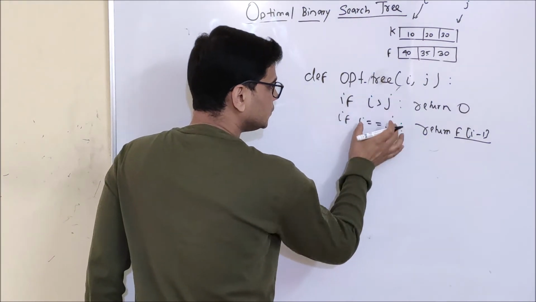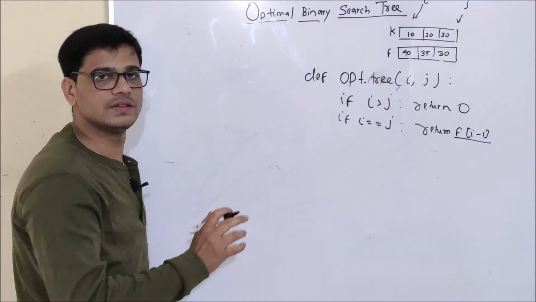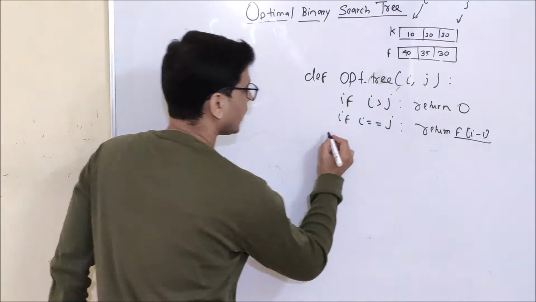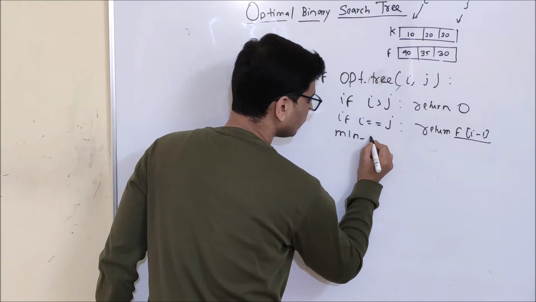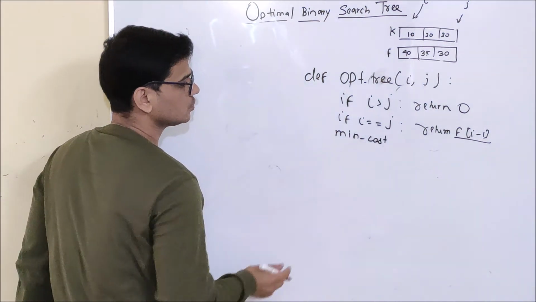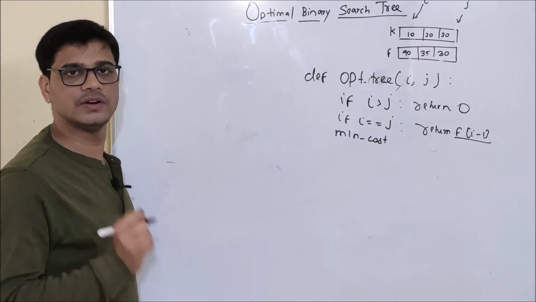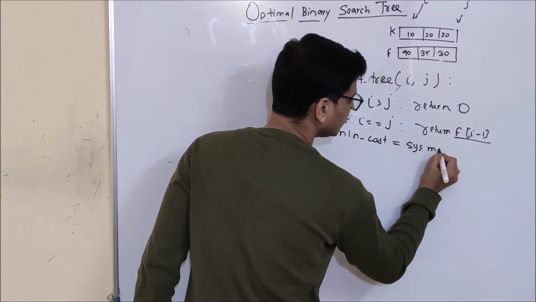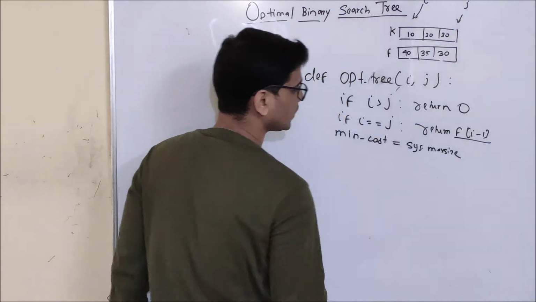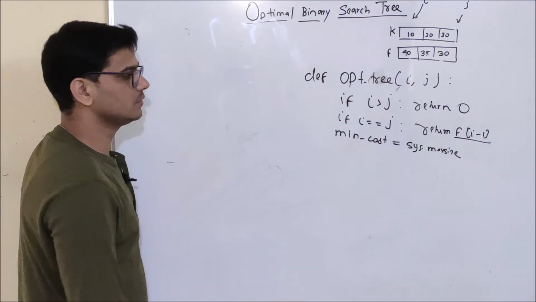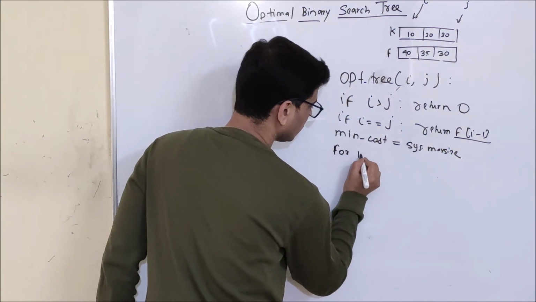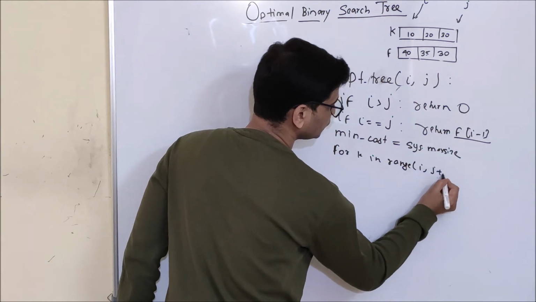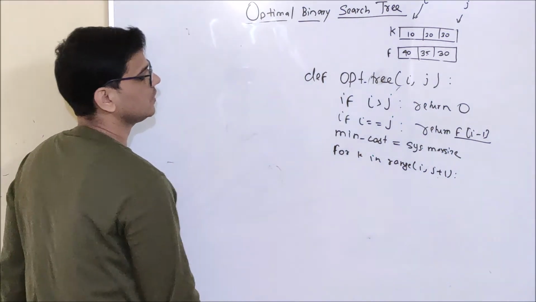Now if these two cases fail, that means I have two or more keys. So I need to find the minimum cost. For that I will first create a variable and initialize it with infinity. Now what will I do? For k in range i to j plus 1. What am I doing here?